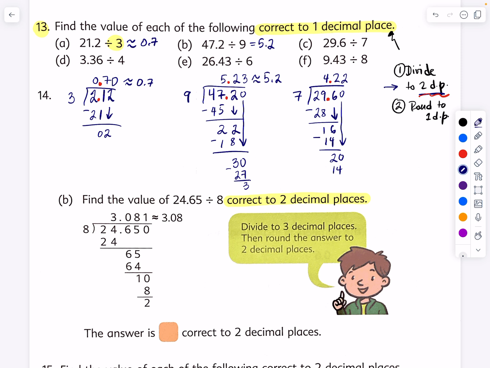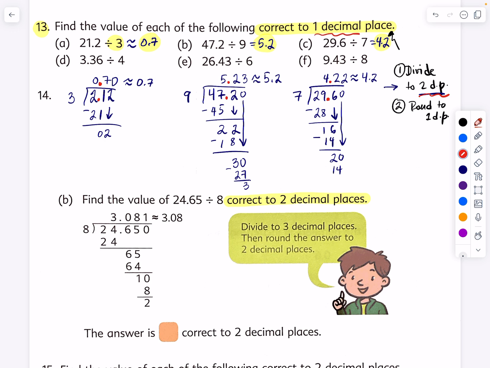We found two decimal places, and now step 2, we must round it. 4.22 rounded to the first decimal place is 4.2. Our quotient is 4.2. That's all that needed to be done because we only were looking for the quotient with a single decimal place, because that is what was asked in the question.